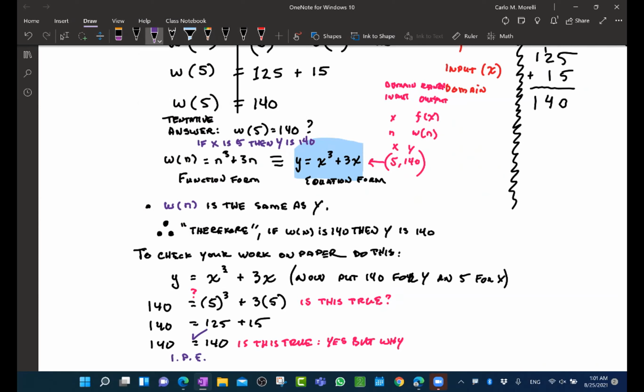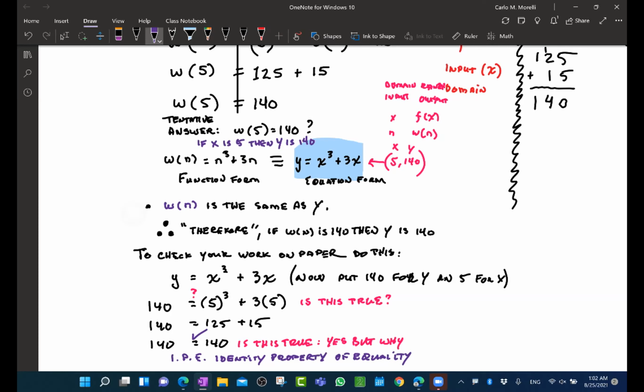I'll write it all out one time, but I usually just abbreviate IPE. Identity property of equality. Okay, so that's the check.